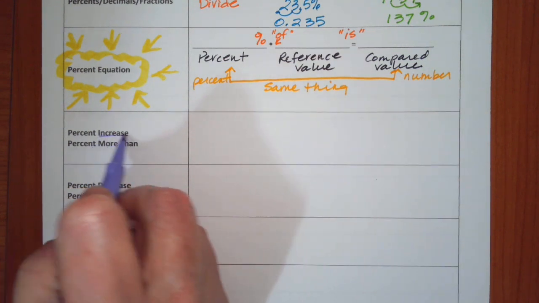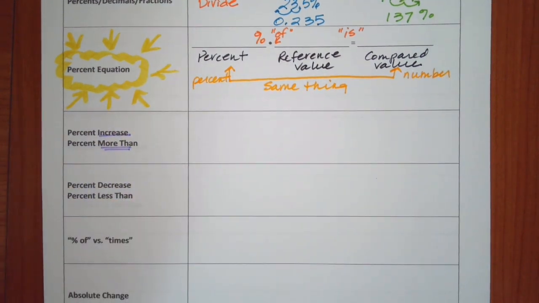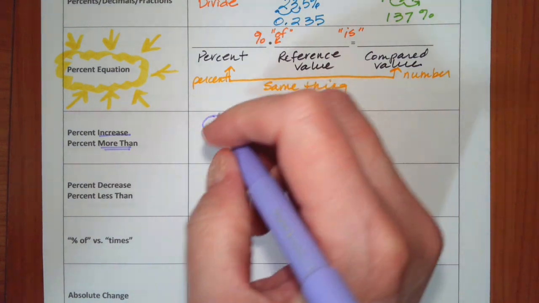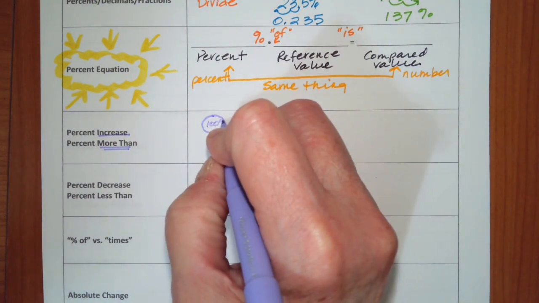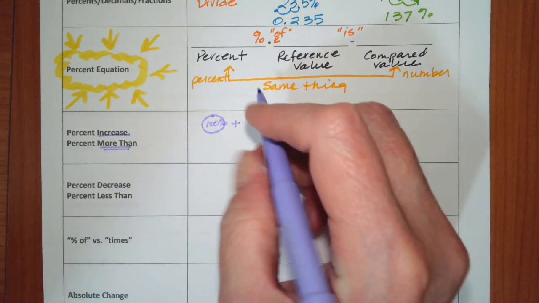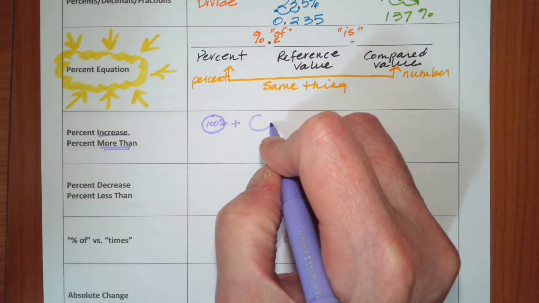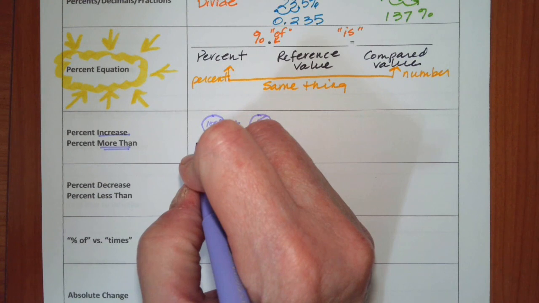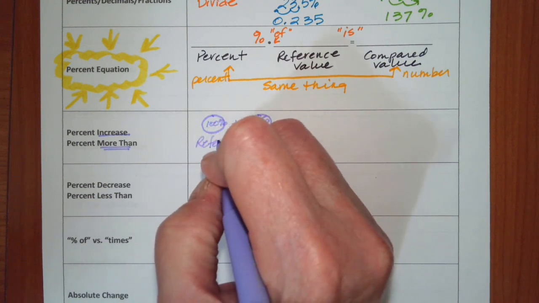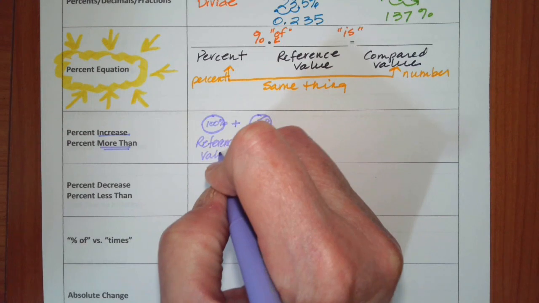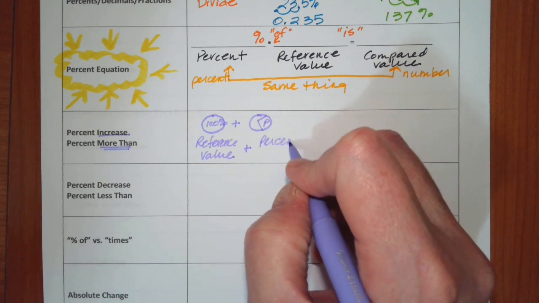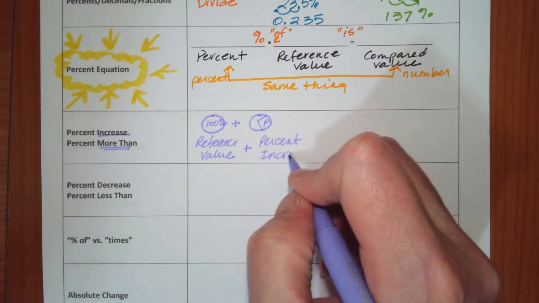If we have a percent increase or a percent more than, you're going to start out with 100%, and then you are going to be adding to that some portion here, P. This is your reference value plus your percent increase.